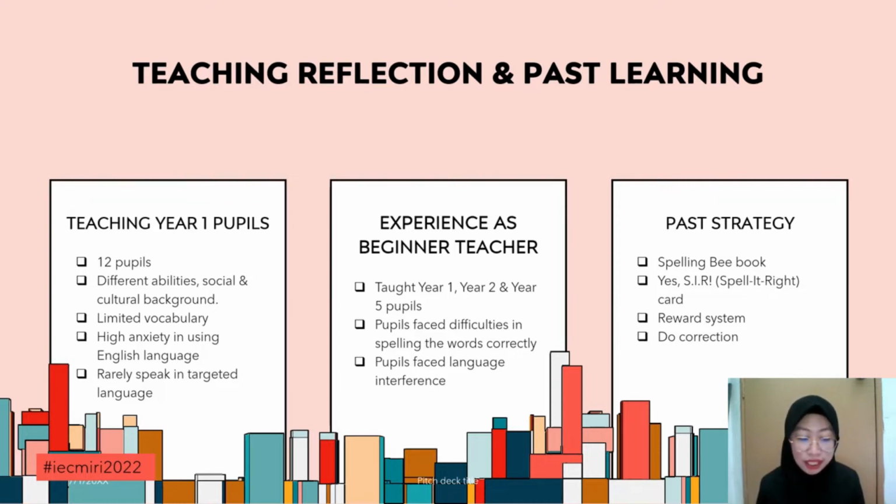Spelling is important as it is closely linked to vocabulary mastery, reading fluency, and comprehension. I tried to address the problem by using a spelling bee book, Yes Sir, Spell It Right card, and a reward system. Pupils were asked to do the correction too so that they were aware of the errors.